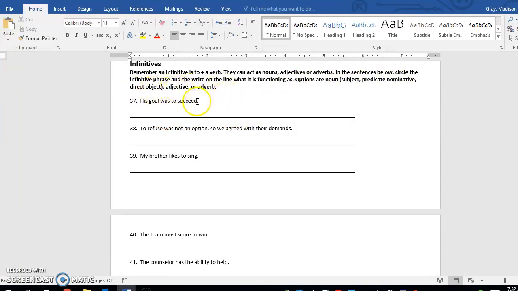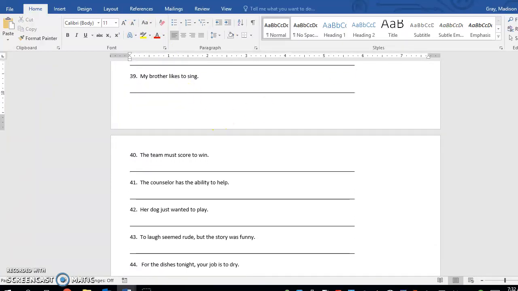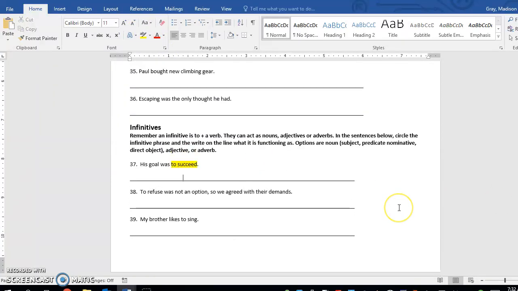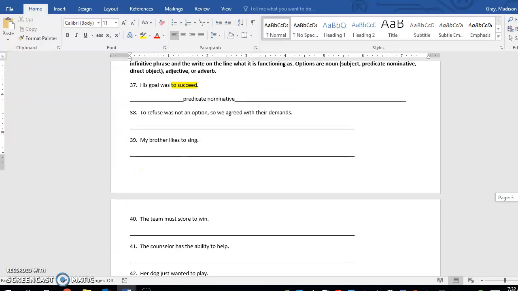Is it an adjective or an adverb? In this case, his goal equals to succeed. So I would circle to succeed. And down here, because I'm saying that those things are linked together, I'm going to call this a predicate nominative because I'm saying that his goal is the subject, was is a linking verb saying his goal equals to succeed.